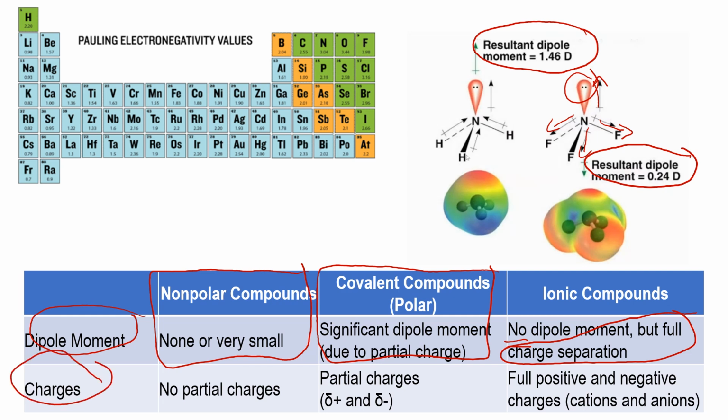For nonpolar compounds, since there is no dipole moment, there will be no partial charges. For polar covalent compounds, since there is a dipole moment, we have delta plus and delta minus, partial charges. And for ionic compounds, you don't have partial charges. Rather, you have full positive and negative charges, or cations and anions.